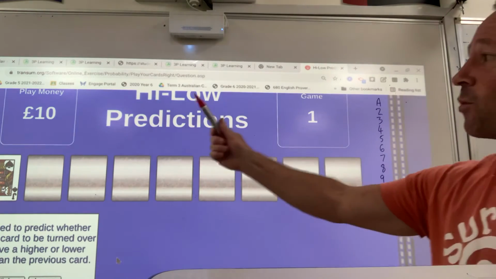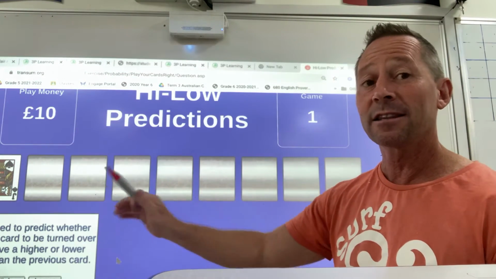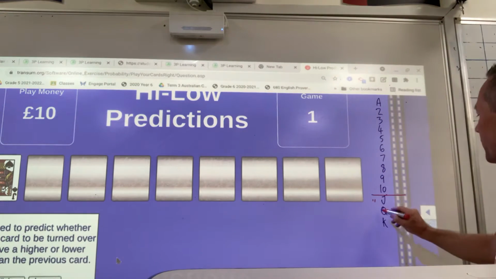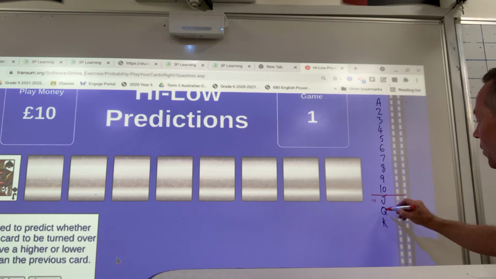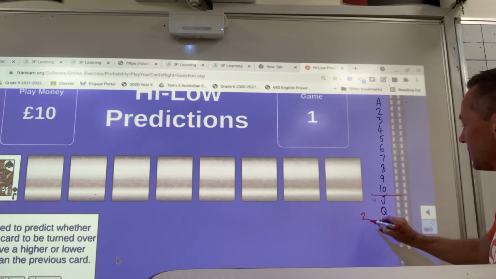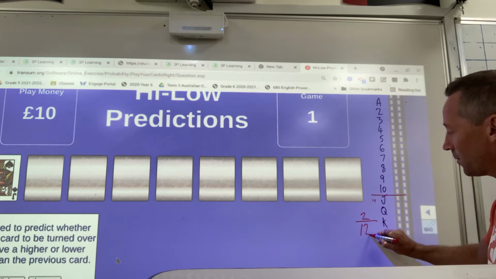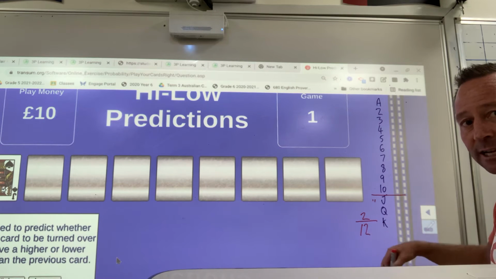So if I've turned over 1 card out of the 13, there are 12 cards left. So at the moment, of me turning over a queen or a king, I have 2 chances out of 12.